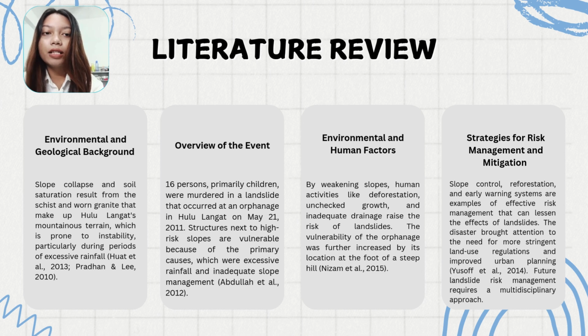Last but not least is strategies for risk management and mitigation. Slope control, reforestation, and early warning systems are examples of effective risk management that can lessen the effects of landslides.